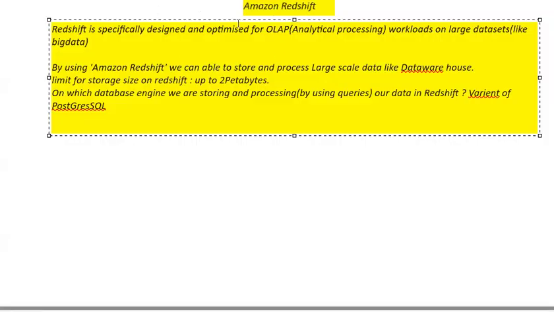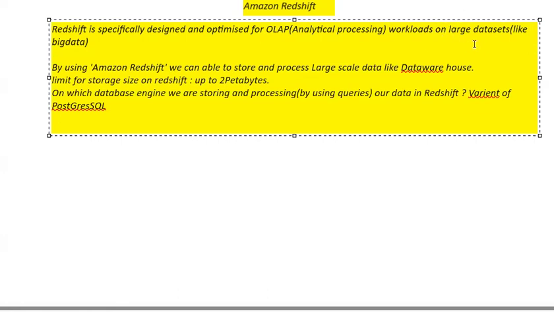It is specially designed and optimized for OLAP workloads, that is analytical processing workloads, on large data sets. If you have small data sets, then what is the suitable service for you? RDS.